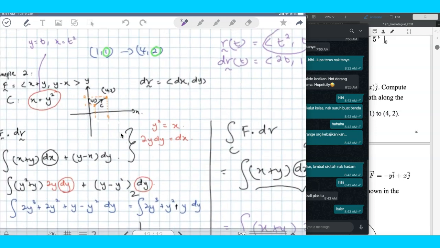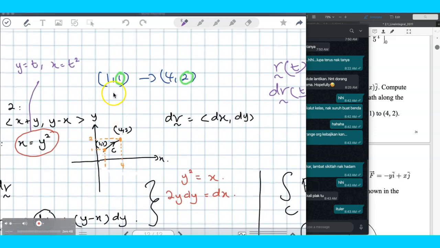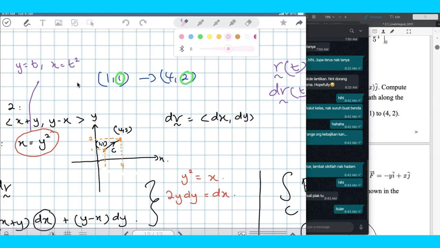So now, based on your curve and your points, we know that the values of the parametric equations of x and y we already obtained are 1, right? So now you have to determine what is the t if you want to have x=1 and y=1.